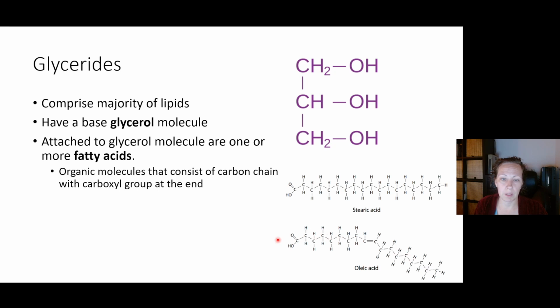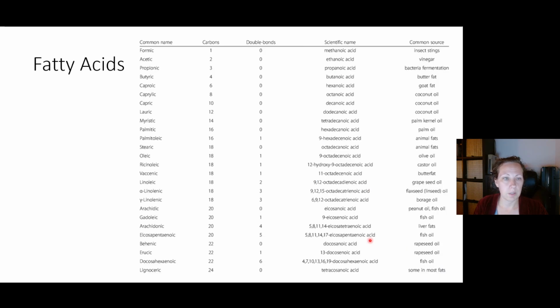So just how big this chain is, however big it is, there's always the carboxyl group at the end, and it's just hydrogens, more or less depending on whether there are double bonds. So they're classified by the number of carbons in the fatty acid and the number of double bonds.